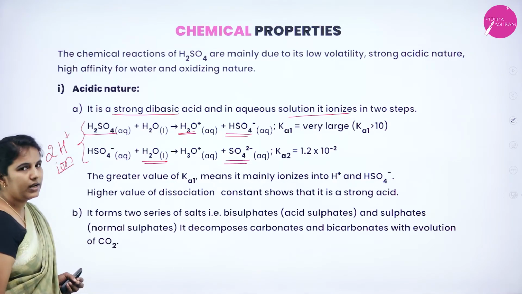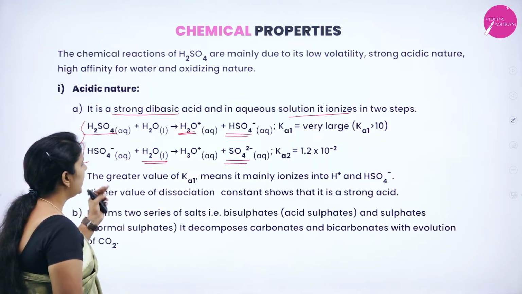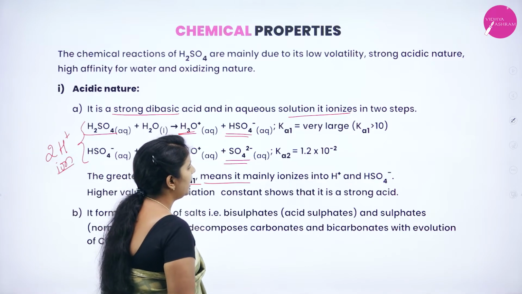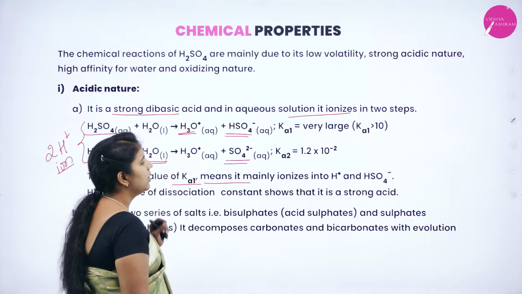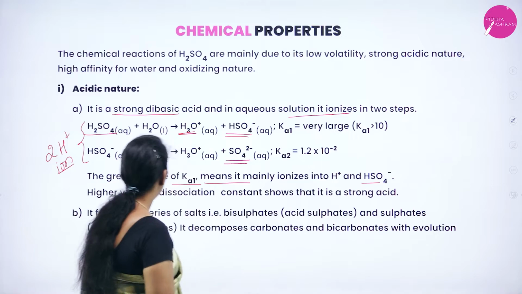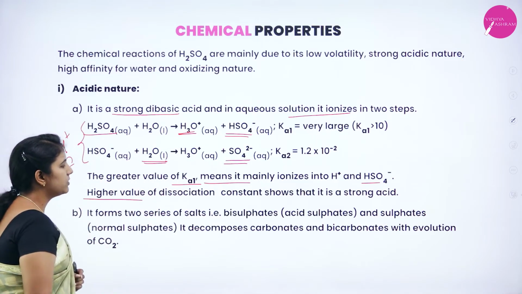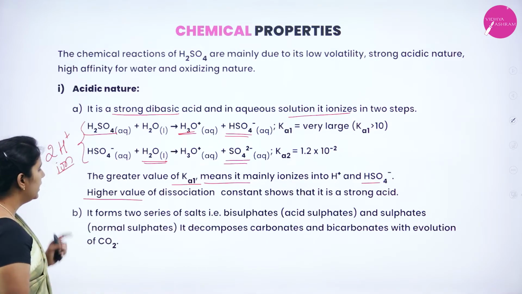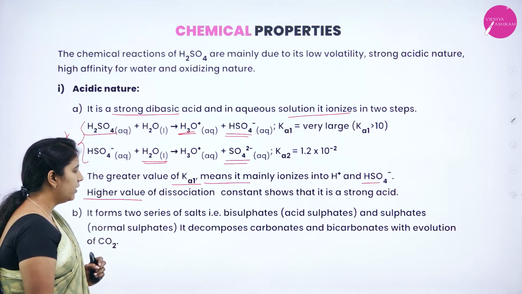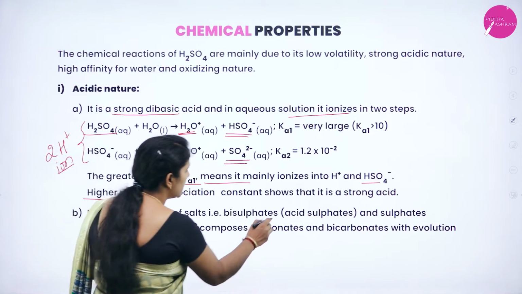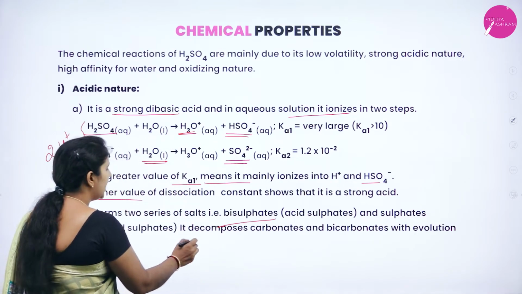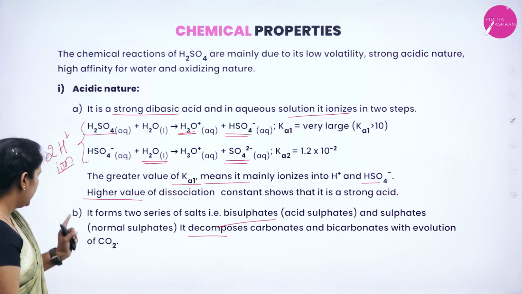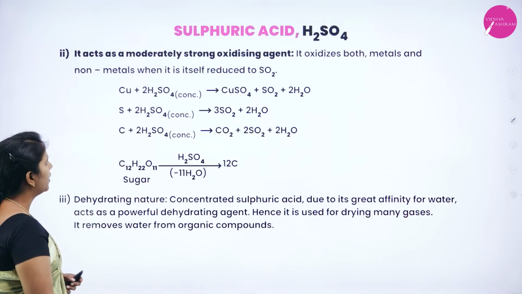Greater the value of Ka1, it mainly ionizes the H plus ions from HSO4 minus, and the higher value of the dissociation constant shows that it is a strong acid. And it forms a series of salts, that is bisulfates and sulfates, and it decomposes carbonates and bicarbonates with the evolution of carbon dioxide.